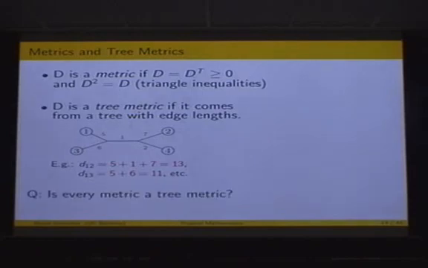Now here's a question. Is every metric a tree metric? So if I start with the metric, can I always find a tree that realizes this metric?